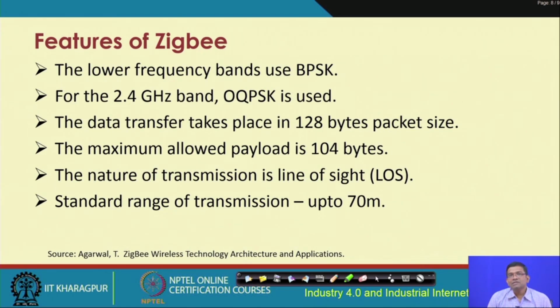The transmission is typically not necessarily line of sight, and if you have line of sight, then you will get better data rates using ZigBee. To some extent non line of sight also sometimes will work with reduced data rate and reduced range. The standard range of transmission is about 10 to 70 meters in ZigBee.